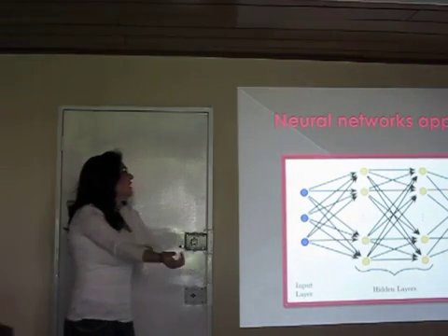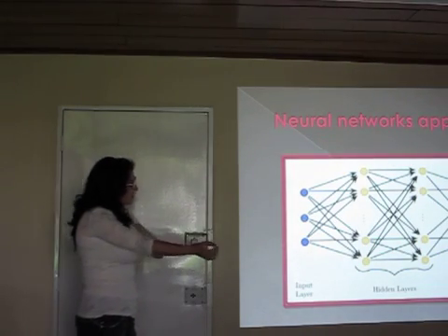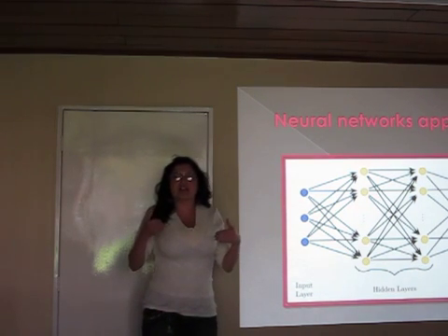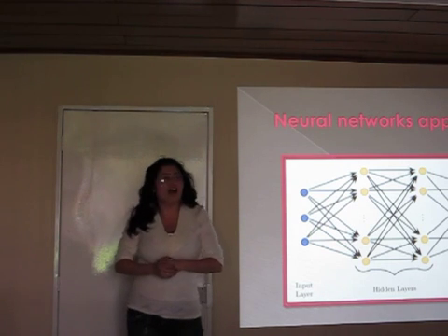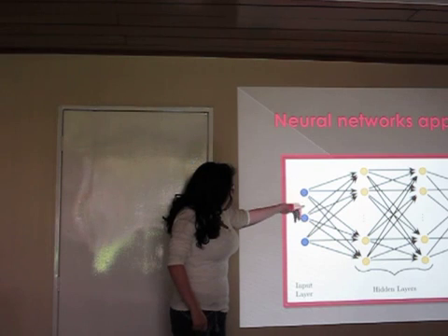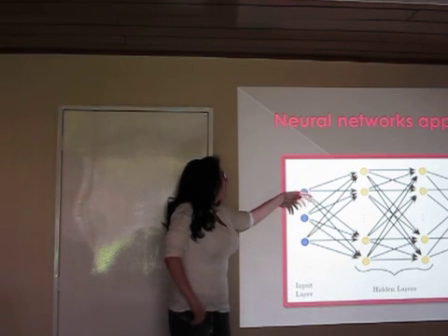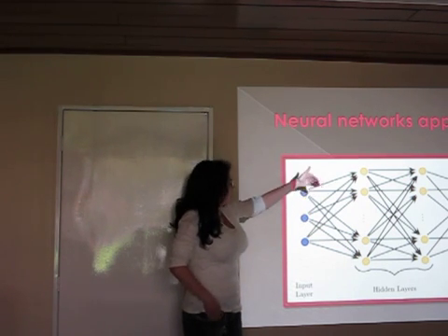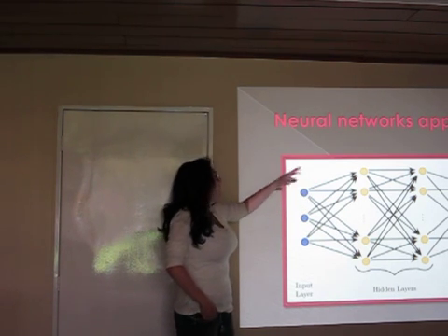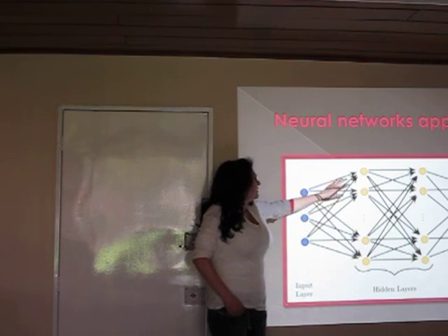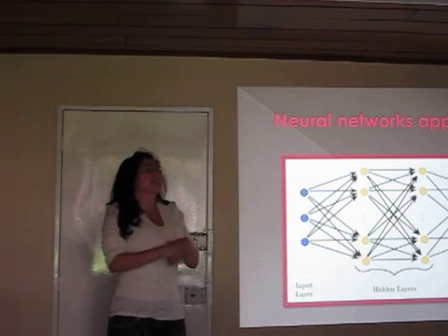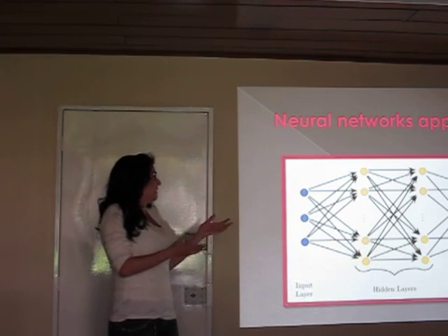In neural networks, what you have is layers of neurons. This is called that because of the similarity with the way that our brains work. You have different layers of neurons, and each layer will have a relation with all the neurons in the layer before, and this relation will be affected by some functions that can be or cannot be linear.